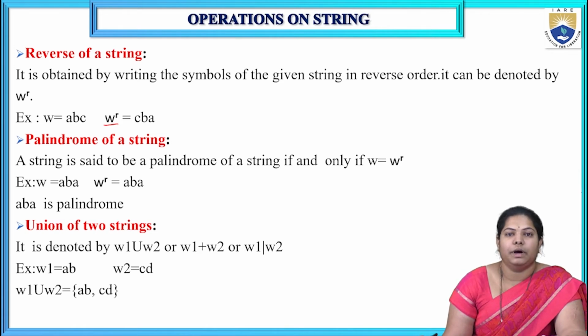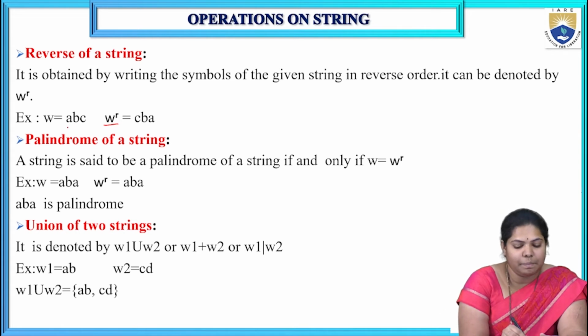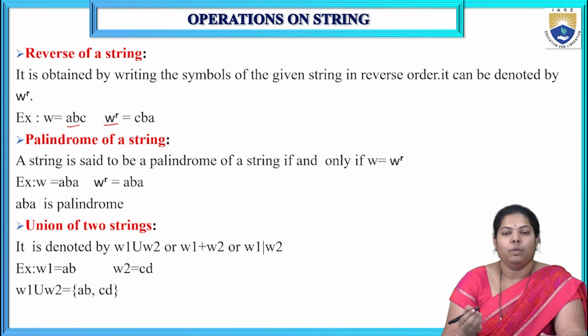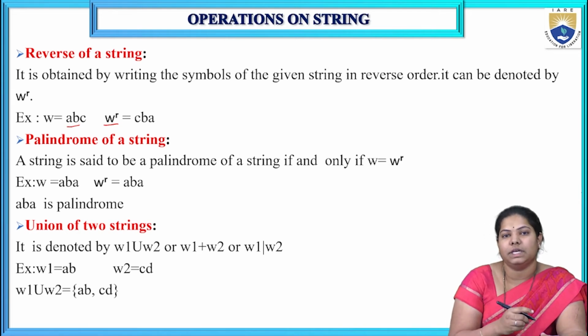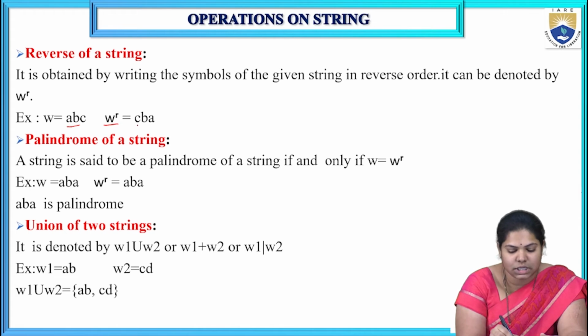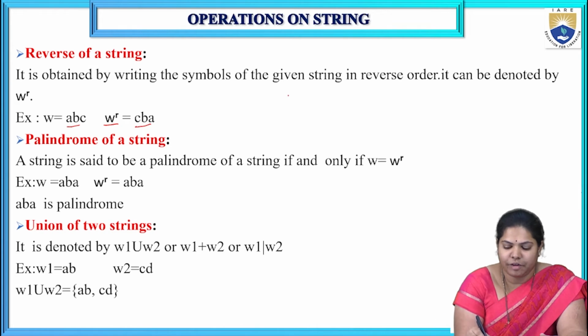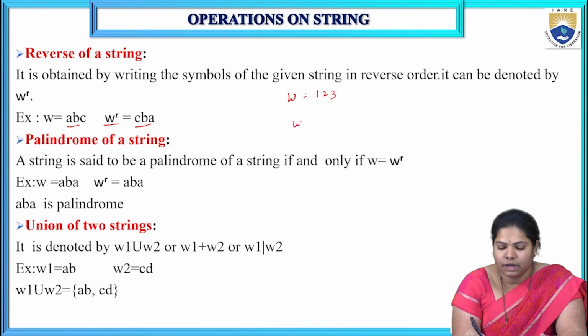We represent the reverse of a string by using W power of R. Here I have taken an example string ABC. The reverse of that string is C, B, A. In the same way, if I take the string 1, 2, 3, the reverse of the string is 3, 2, 1.